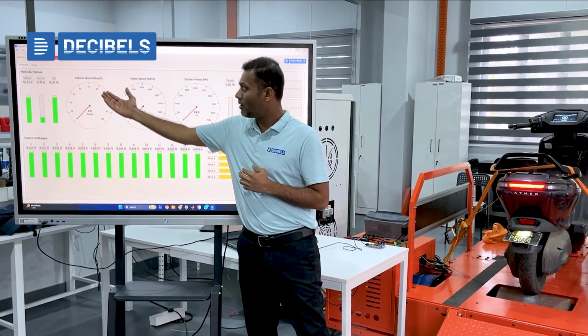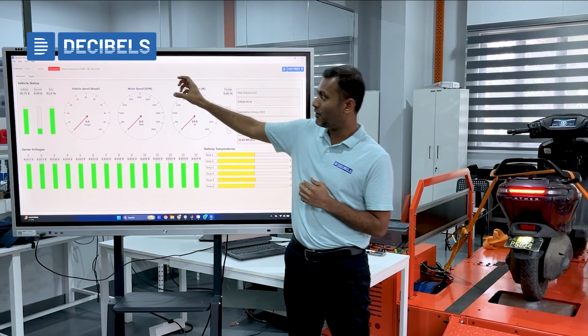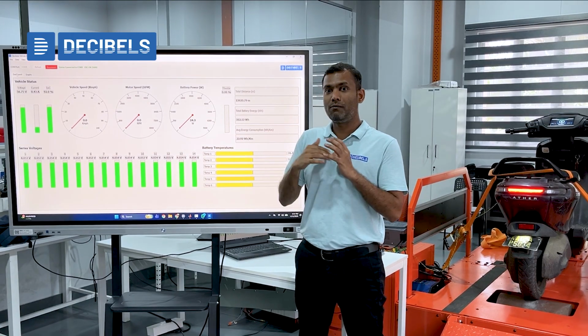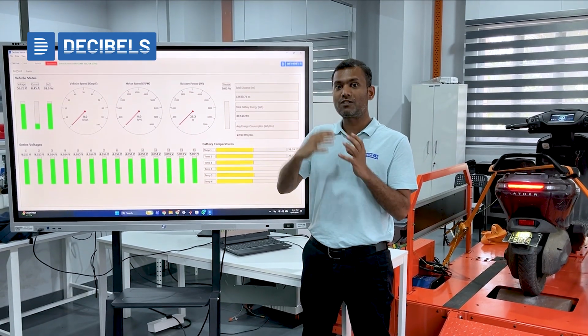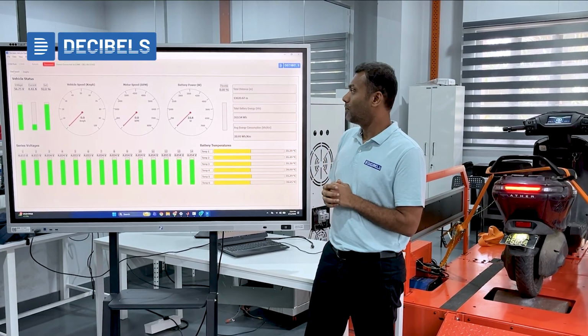So let's say a simplistic thing. What is the relationship between the battery current and the battery voltage, or the relationship between the battery current and the cell voltages? Because the terminal voltage changes with respect to the amount of load that you apply at the battery, right?